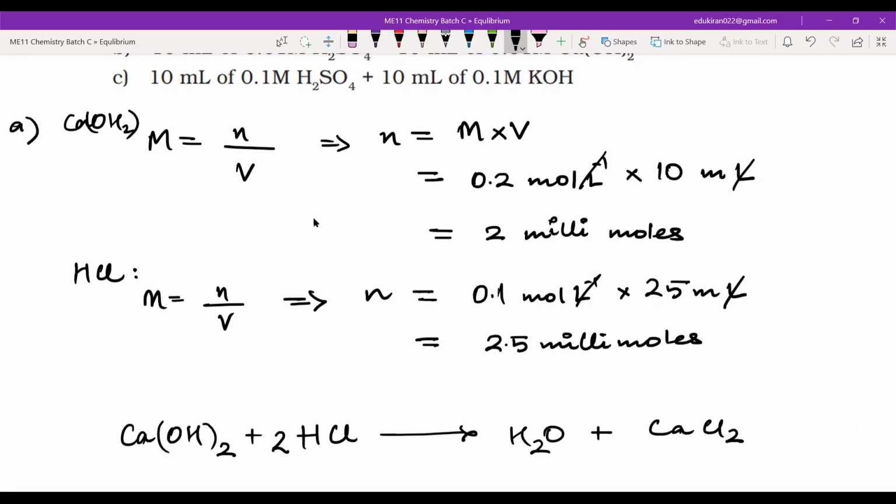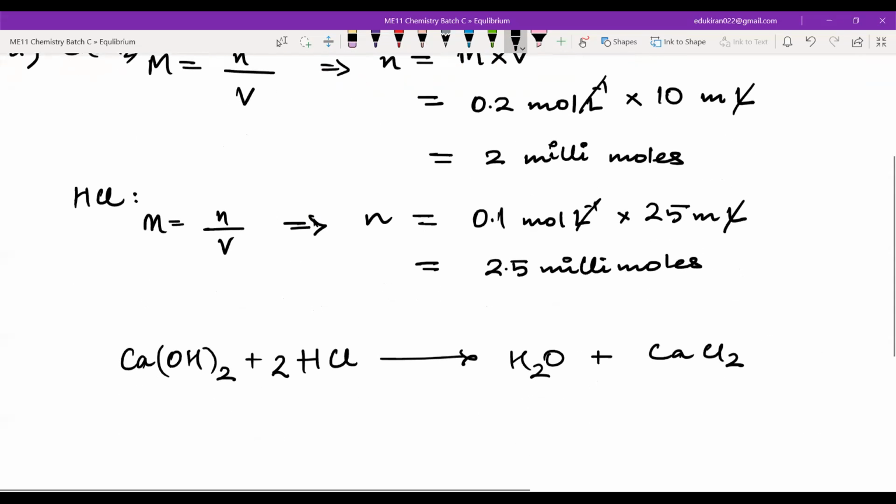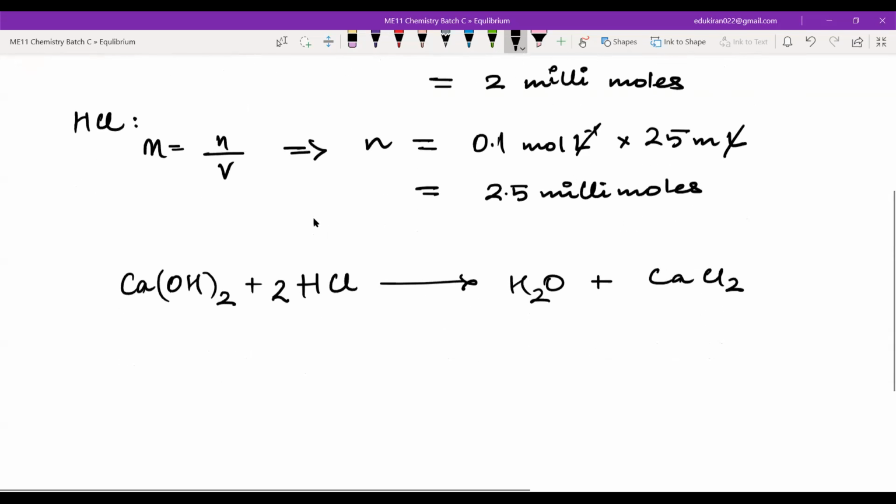Can you please check that and tell me? 2HCl. Yes or no? Okay. Now we have to write the reaction statement. So how will I write?